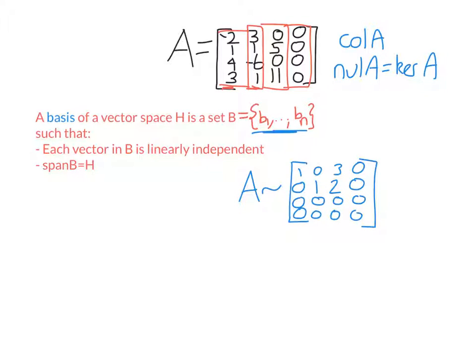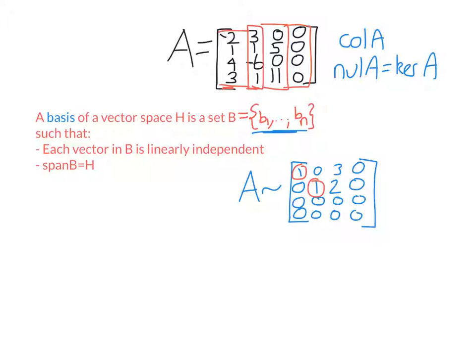So in row reduced echelon form, A looks like this. Remember, pivot entries are the first non-zero entries in each row. And in row reduced echelon form, they will be the only non-zero entries in their column. So this is a pivot and this is a pivot. So the first column is a pivot column because it has a pivot.